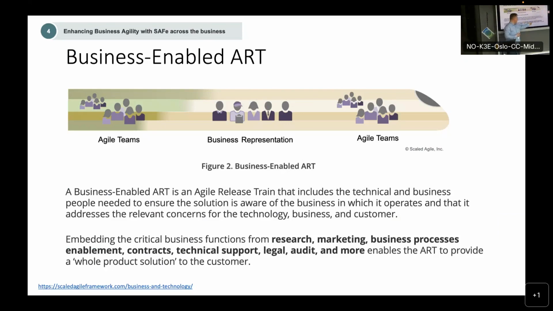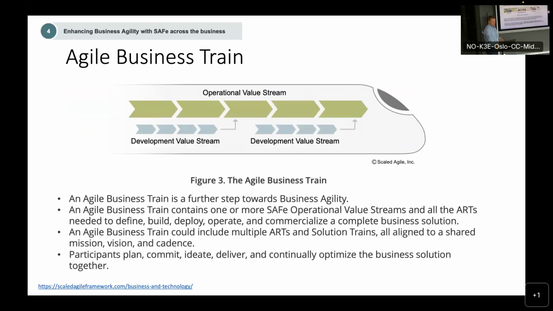So research, marketing, business process, contract negotiation maybe, technical support, legal, audit needs to be part of this. Because a lot of the time you say, okay, the IT is organizing and using SAFe, but they still have to talk with all these other functions, and you have the hand-offs and bottlenecks, and you don't have the environment. So this is one way of trying to get that better.